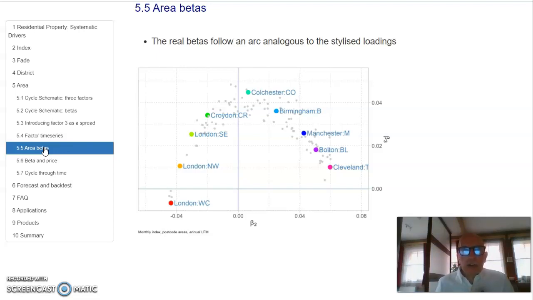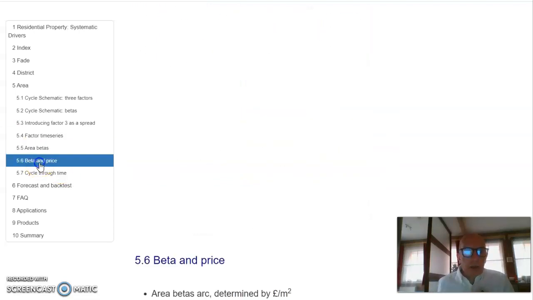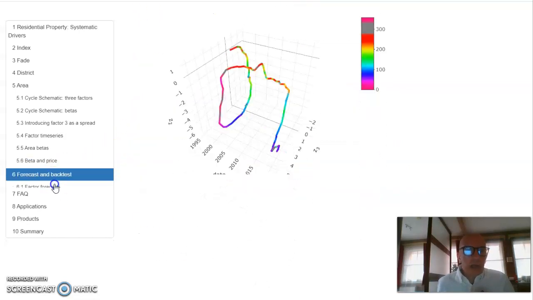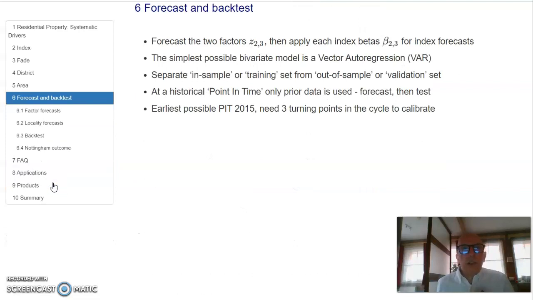And the arc progresses from high price on the left to low price on the right. And that's if we can now linearly relate price per square meter to the polar angle. So in summary, and we can look at it in 3D.